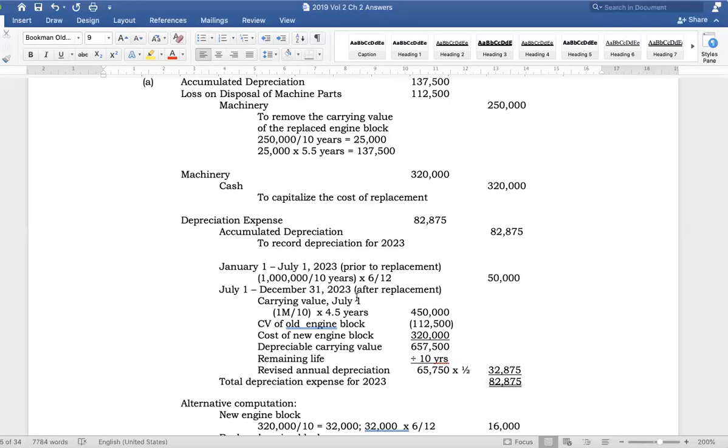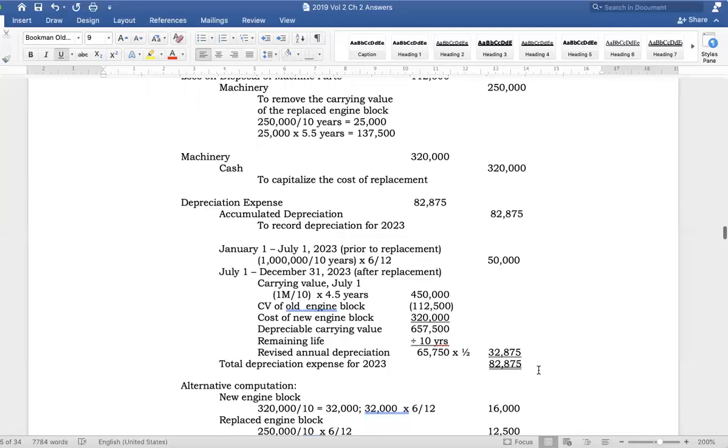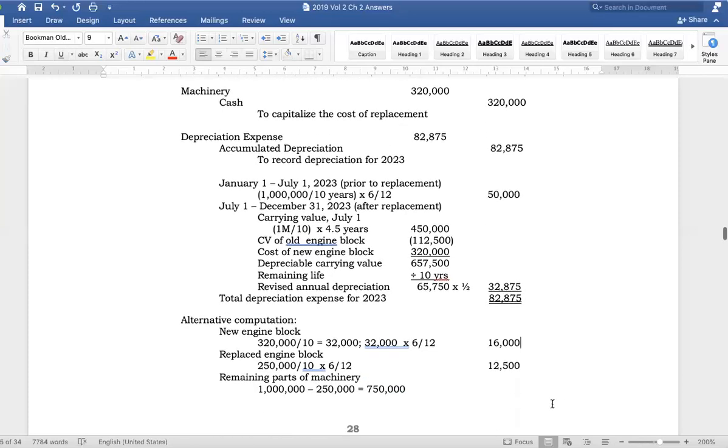But from July 1 to December 31, 2023, the basis for the depreciation is the revised carrying value after recognizing the old part and capitalizing the cost of the new part, and taking into consideration the revised life after the replacement. Then take 6/12. So that is 32,875. So your total depreciation expense for 2023 is 82,875.